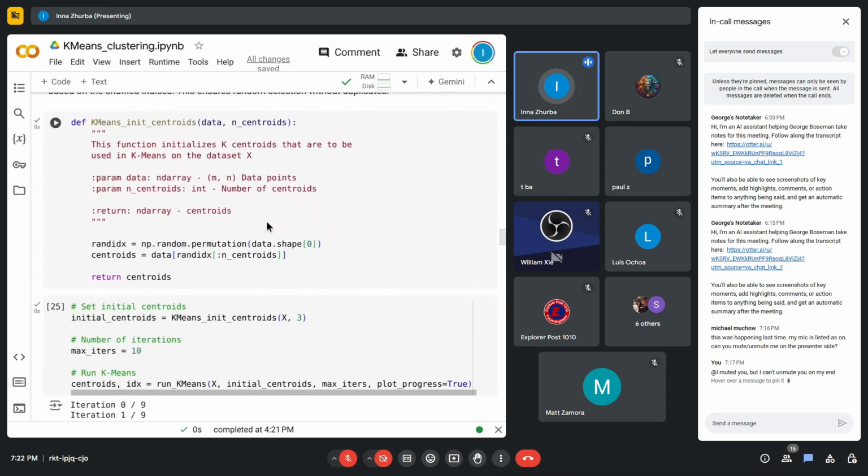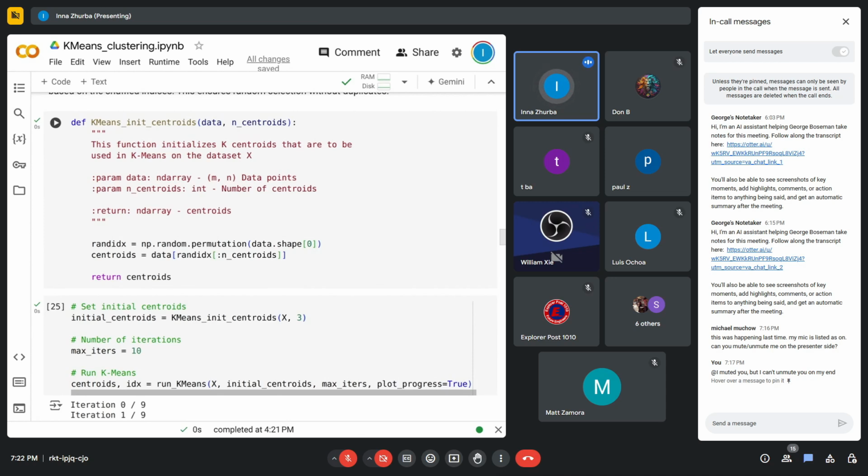And that's how we would initialize our starting centroid points. Knowing their number, we would shuffle our data points using NumPy's random permutation, and then select the first n examples.